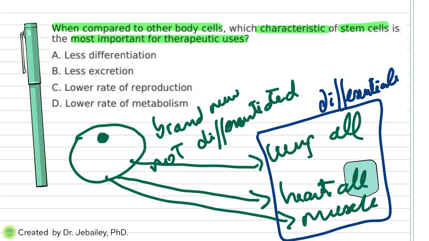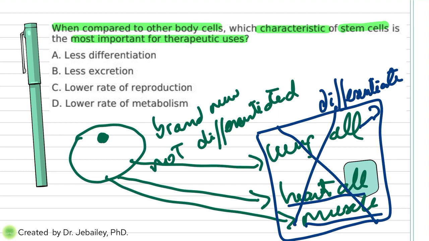That means they have now got a specific function. So you cannot turn a lung cell into a heart cell. And you cannot use the lung cell to fix a heart. You cannot use a heart cell to fix a lung cell. You cannot use a muscle cell to fix, let's say, a liver. You can't, because they already have specific functions. They are not stem cells in this case. So what is amazing about the stem cell here is that it still hasn't got a specific function. It has not been differentiated.